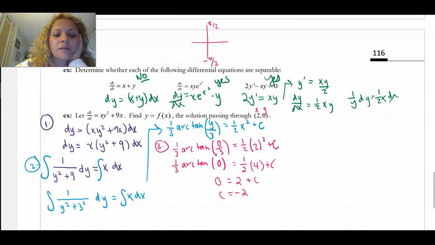So let's rewrite this as 1/3 times the arctangent of y over 3 equals 1/2 x squared, either plus -2 or just -2.